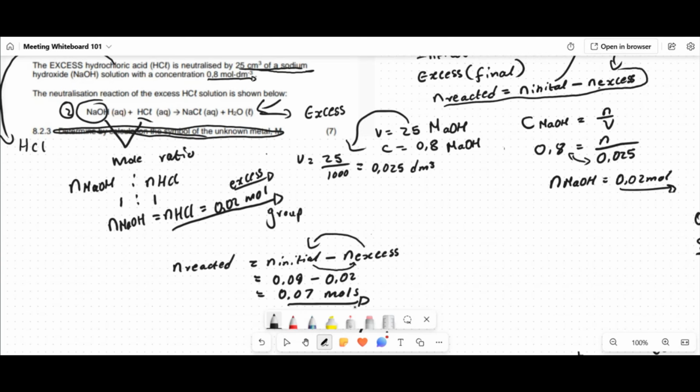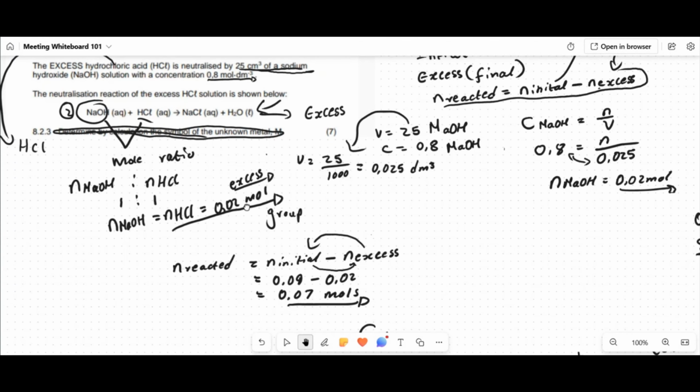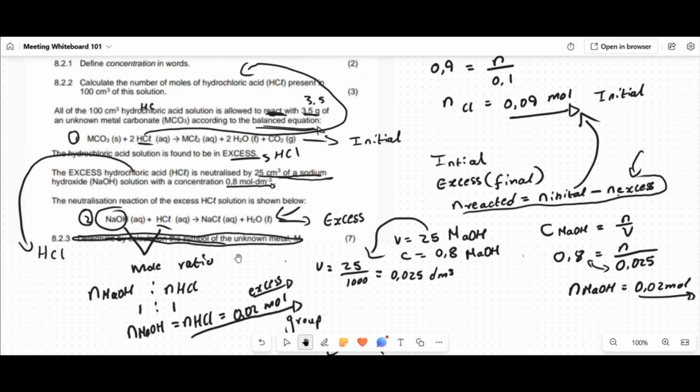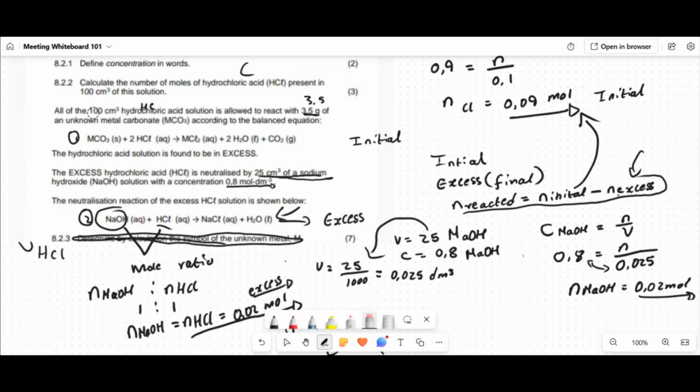We have the number of moles of HCl that have reacted. So, listen, once you have the number of moles of HCl that have reacted, what were they reacting with? I hope we will all agree that they were reacting with the metal carbonate right there. Those number of moles are equal to 0.07. I will show you how.